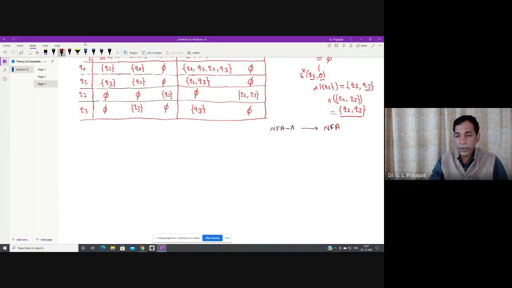So in case of the NFA null, say you have the set of states Q, and we assume that the set of states in the NFA is Q1, and we need to decide what should be the Q1. So see, when we are going to convert the NFA null to the NFA, then we don't require additional states.